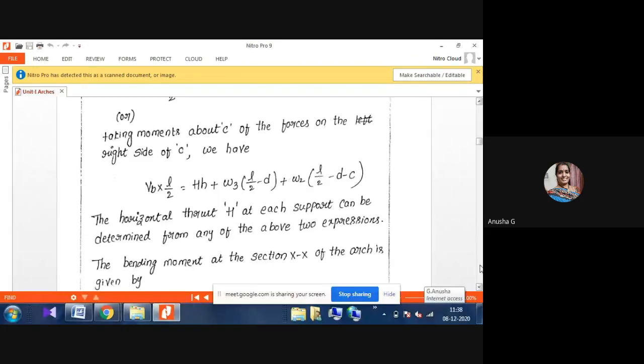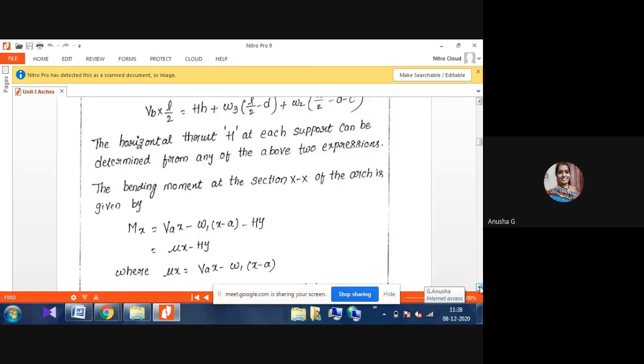Okay. Now we'll consider the horizontal thrust at each support, which can be determined from any one of the equations. Better we go for the easy way, that is from the first condition, the VA condition. We are considering a moment at a distance of x.